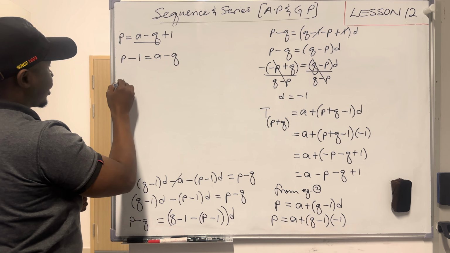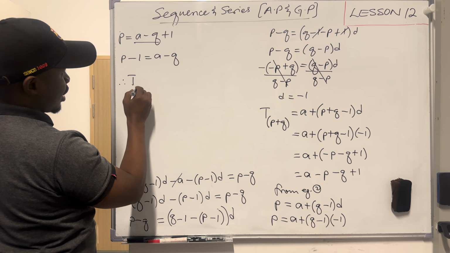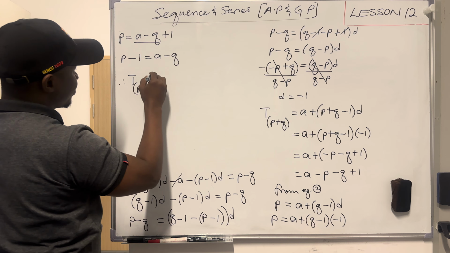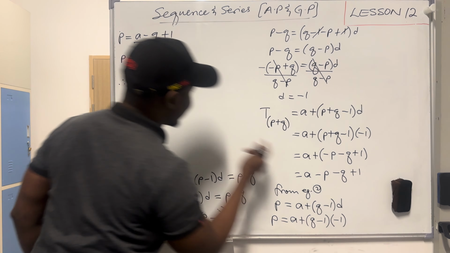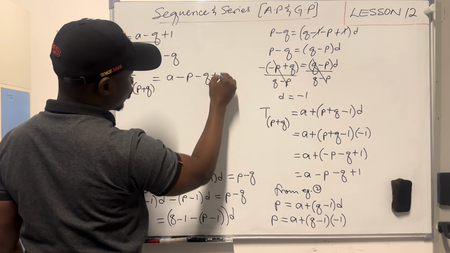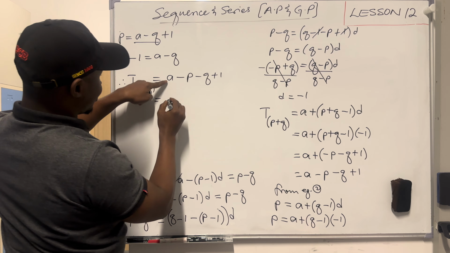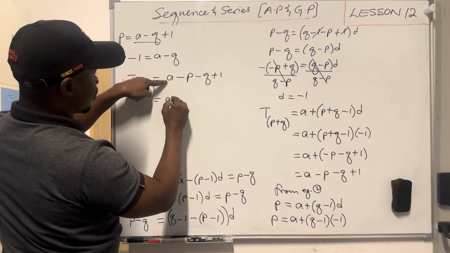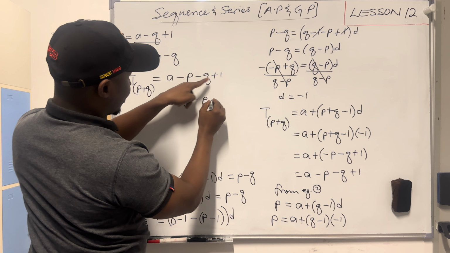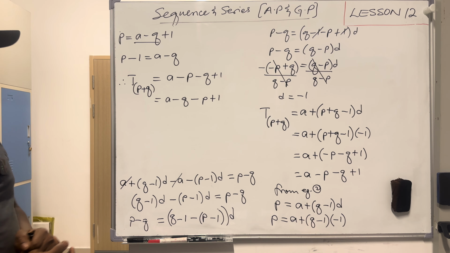So now we say, therefore, the P plus Q term, which is now this, A minus P minus Q plus 1. Let's just bring them closer. Look at this one. So we say A minus Q, and now we say minus P plus 1. I hope you are getting it. All right.